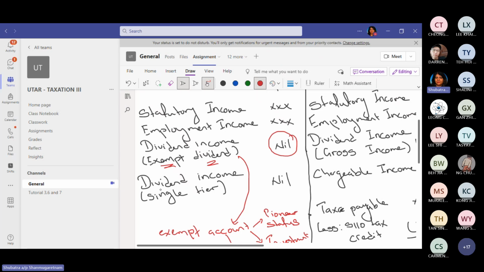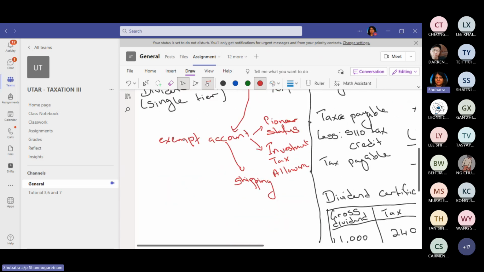When you get a single tier dividend, this is dividends from any companies registered in Malaysia. So it doesn't matter whether it's a Sdn Berhad or a public listed company. If they declare dividend, it's a single tier dividend.